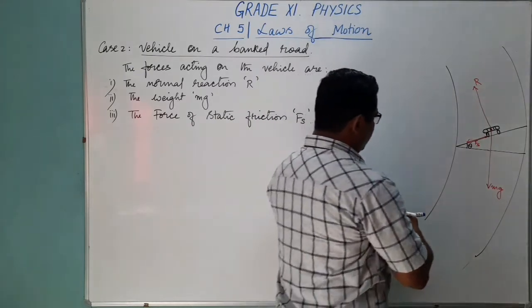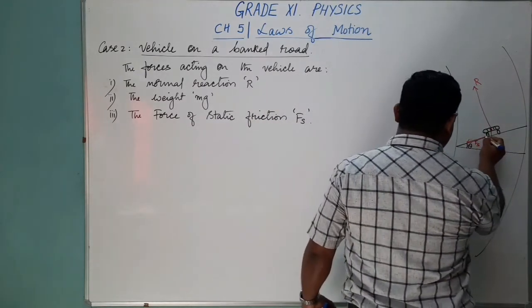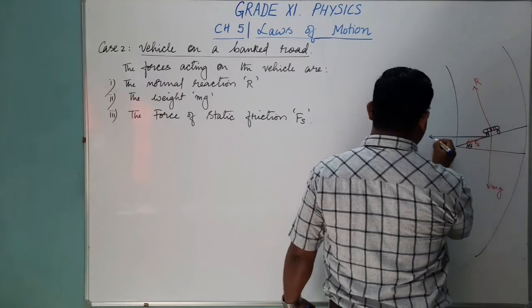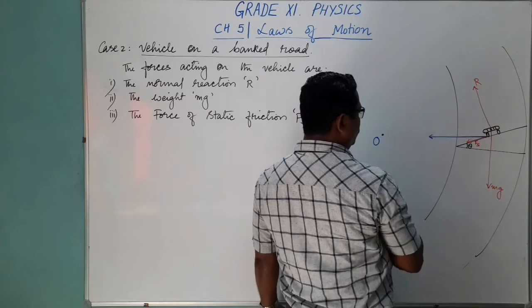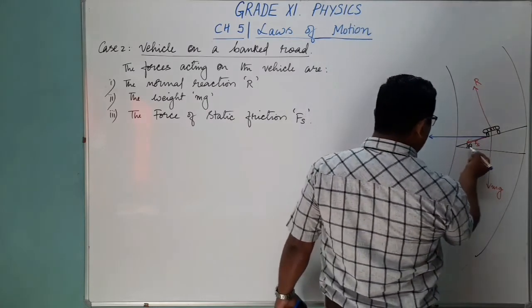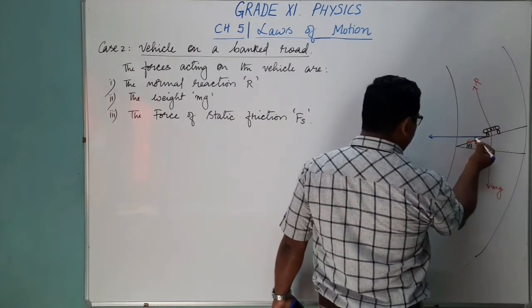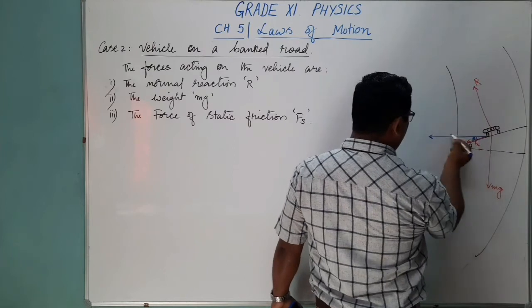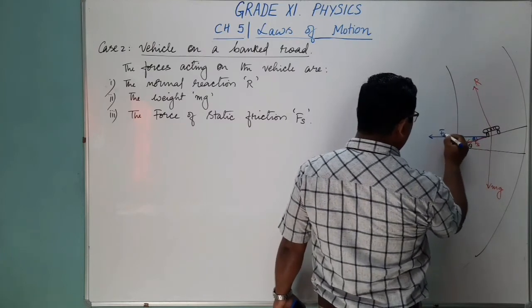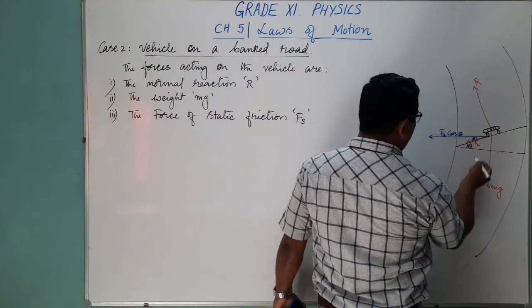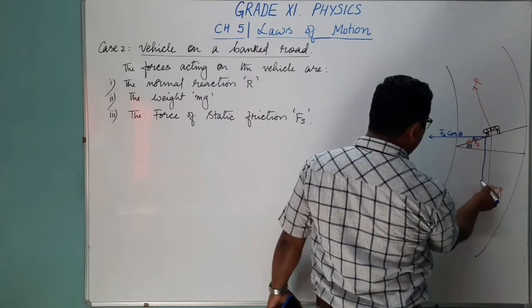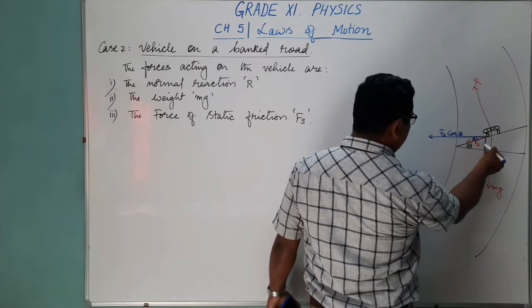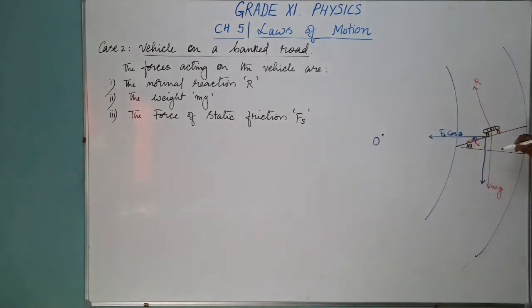It's pointing somewhere else, so we need to resolve it. Fs, on resolving, gives one component pointing towards the center of the circular path, center is somewhere here, suppose O. If this is theta, this angle also will be theta, so that component will be Fs cos theta. And one perpendicular component will be Fs sin theta.